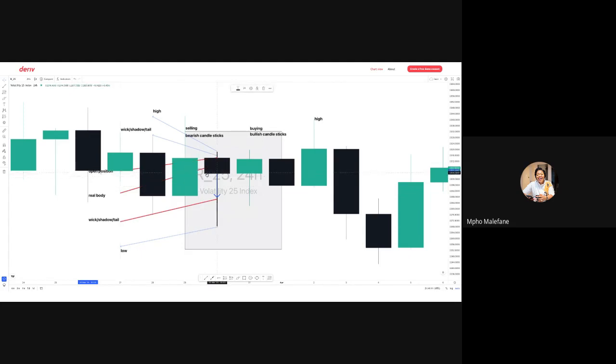Now the place where this thing ends will be the closing position.